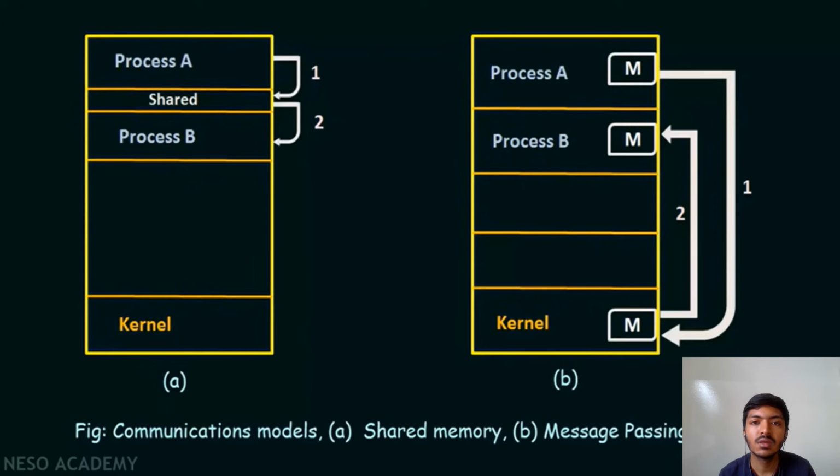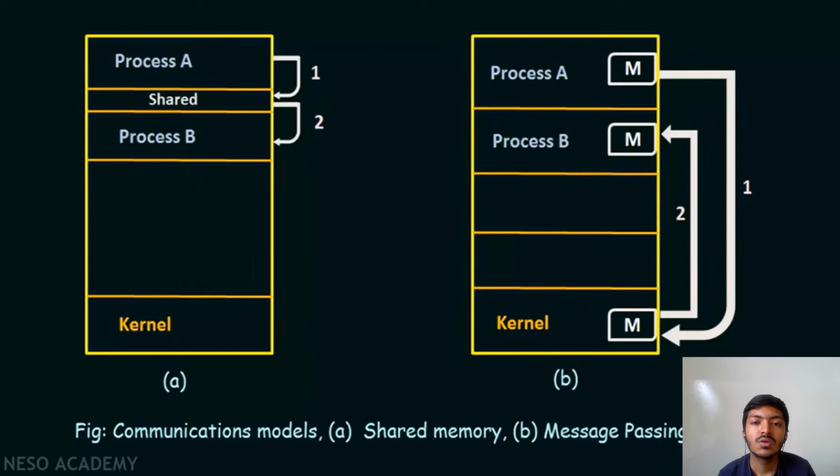The kernel will get the message, and it knows that this message is for process B. So the kernel will send the message to process B, and process B will get the message. So that is how a message flows in this message passing model. Process A sends the message to the kernel, and the kernel sends the message to process B. In this way, process A is able to communicate with process B via the message passing model. So this is how communication takes place in the message passing model.